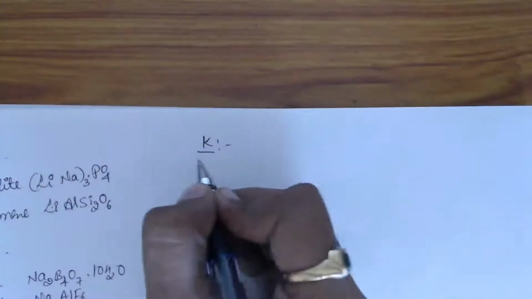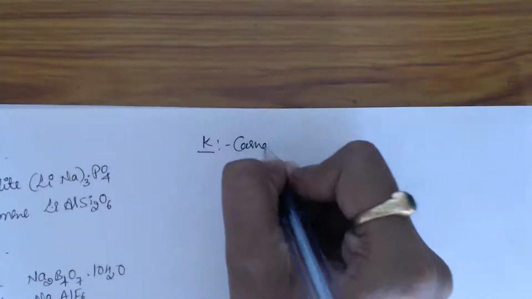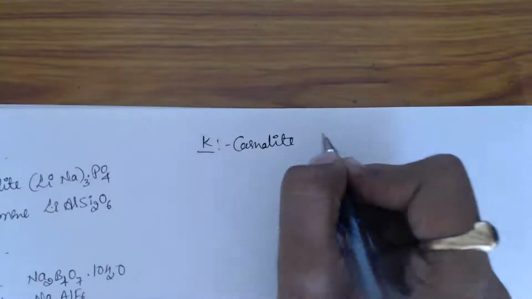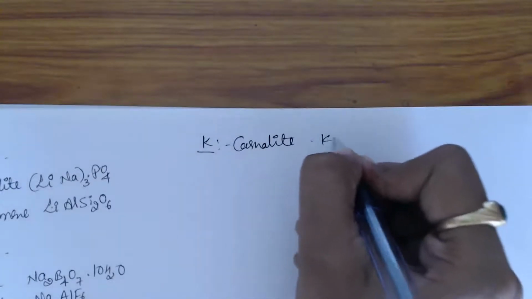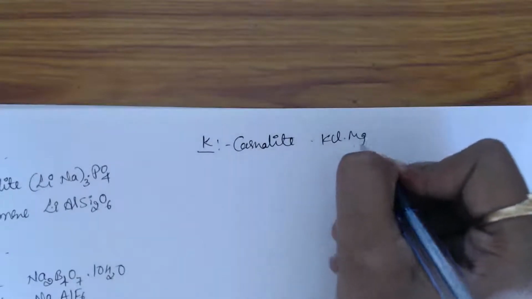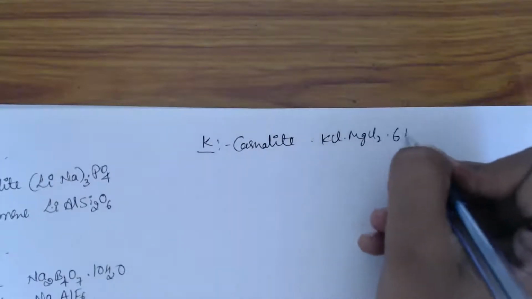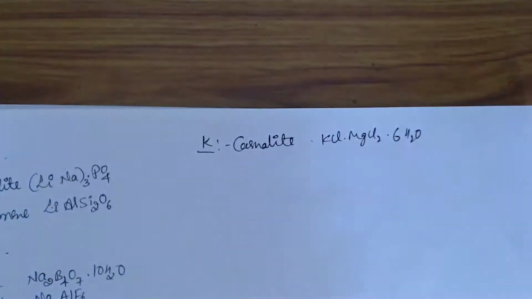And potassium is there. For potassium, carnallite. This carnallite means KCl.MgCl2.6H2O. This is a double salt.